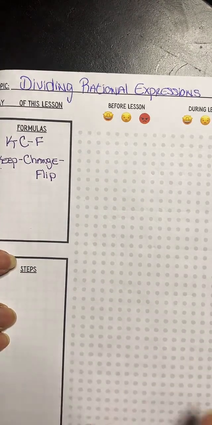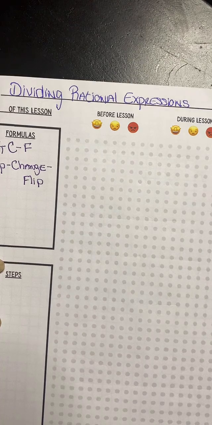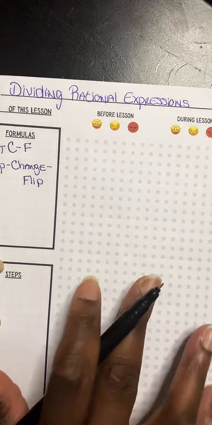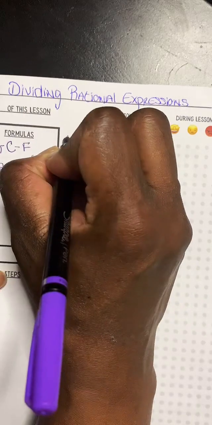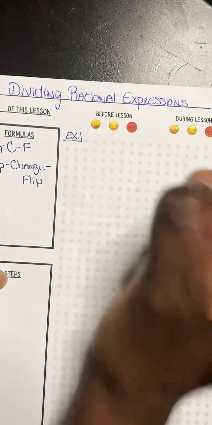Now, we're still going to be looking at the principles of multiplying or simplifying rational functions. All right? So, let me just show you through example. I think that'll be so much easier for everyone.